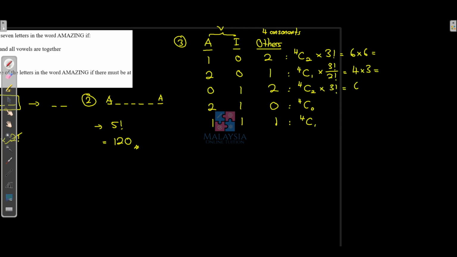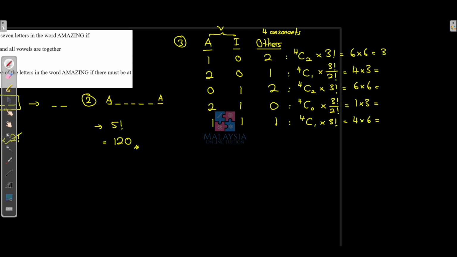So this is 6 times 6. 4C0, because you have 2A, 1I, this is just times 3 factorial over 2 factorial. So this is 1 times 3. And finally 4C1, meaning 1A, 1I, 1 other, none of them repeating, so 3 factorial. So this is 4 times 6.